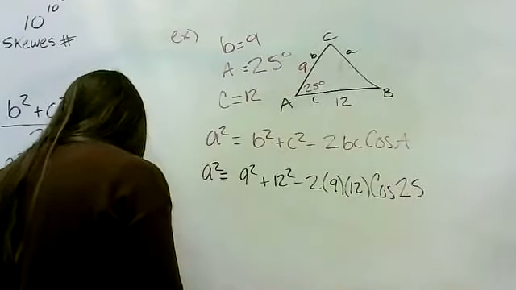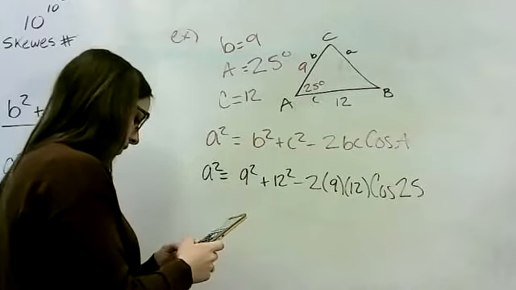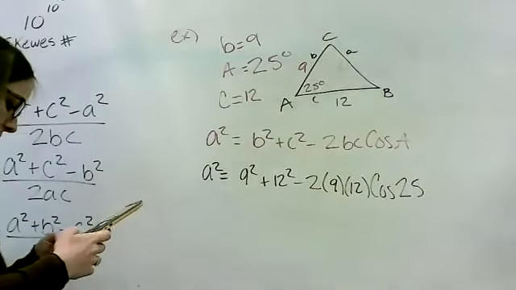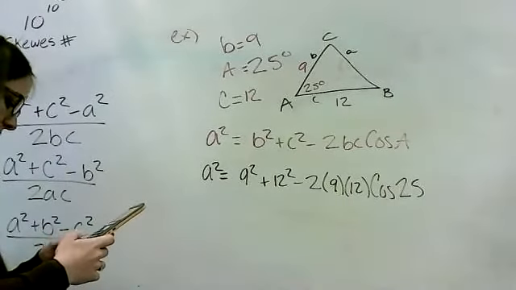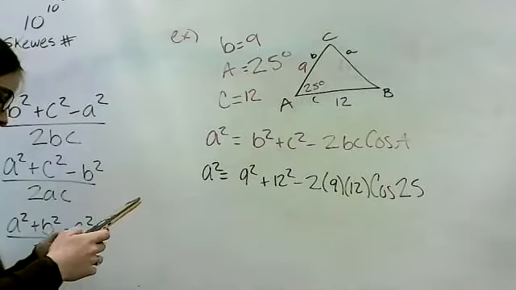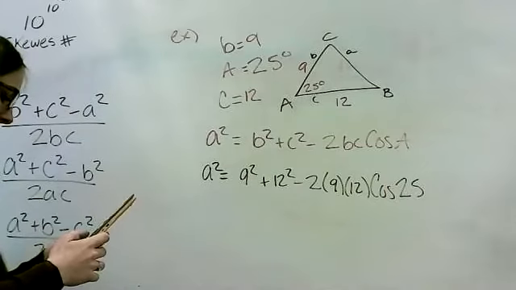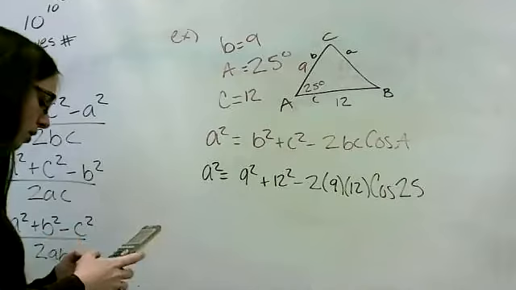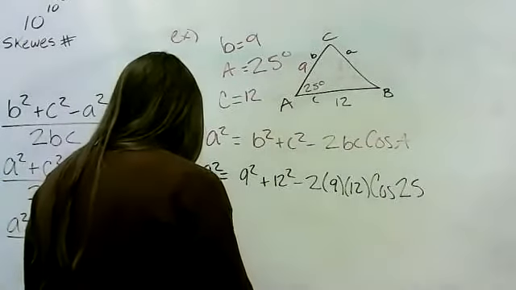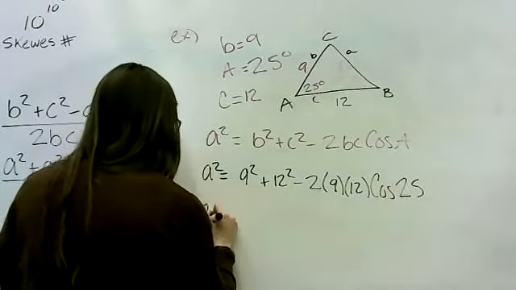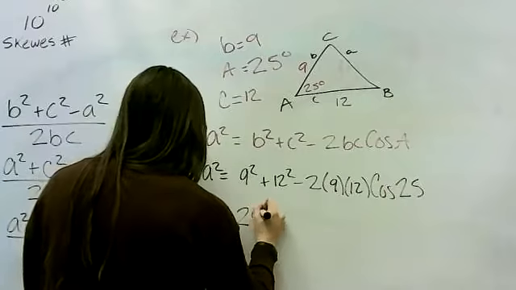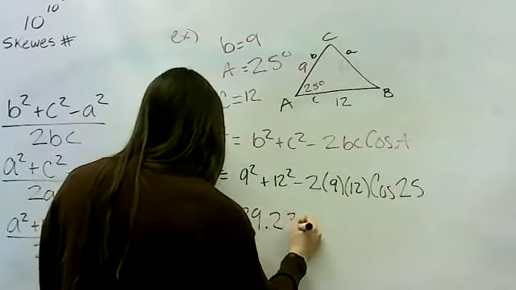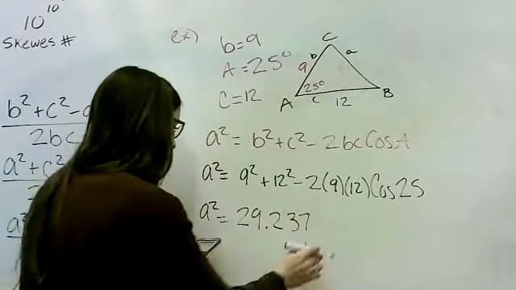If we put all of this into our calculator: 9 squared plus 12 squared minus 2 times 9 times 12 times cosine of 25. I'm getting 29.238.